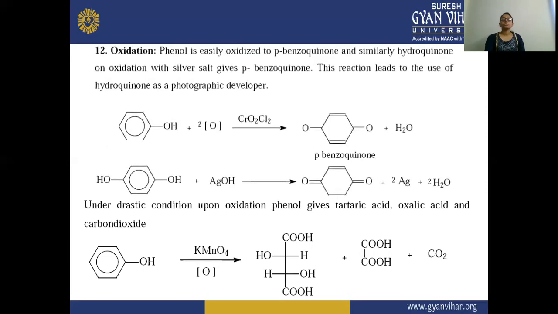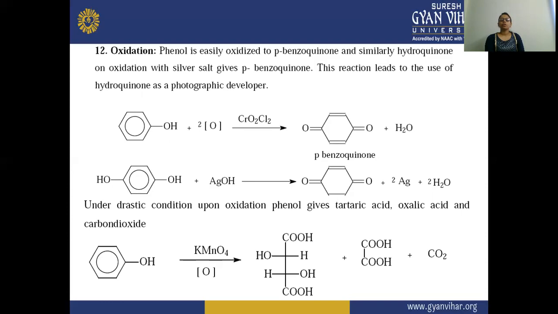Next is oxidation. Phenol is easily oxidized to para-benzoquinone, and similarly hydroquinone on oxidation with silver salt gives para-benzoquinone, and this reaction leads to the use of hydroquinone as a photographic developer.